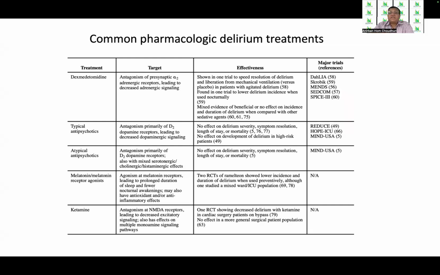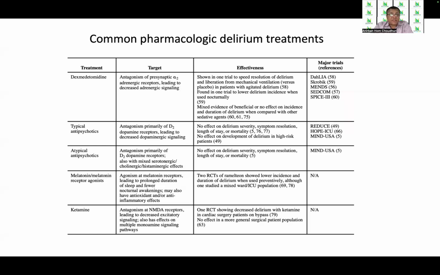The same has been seen in a lot of good studies like REDUCE, Hope-ICU, and the MIND-USA study. Recently, the second part of the MIND-USA study was published, which looked into the long-term effects in patients treated with ziprasidone and haloperidol.